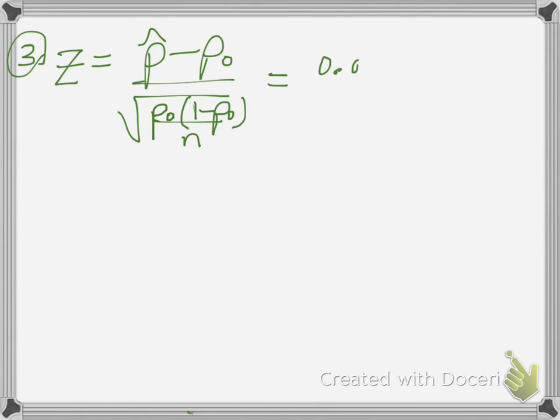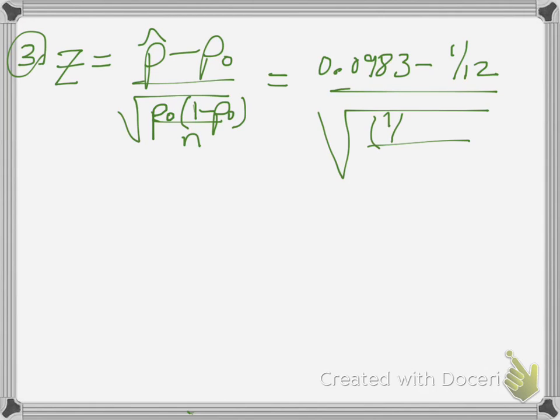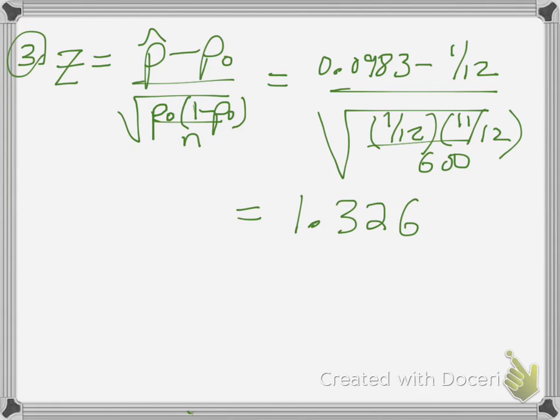So this would be 0.0983 minus 1/12, whatever that is as a decimal, over the square root of 1/12 times 11/12 over 600. I hope the order of operations is okay because I didn't use parentheses. You get this standardized test statistic.